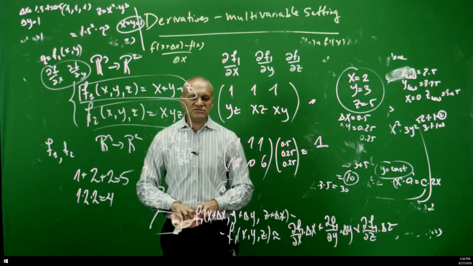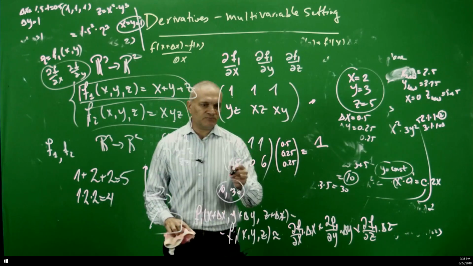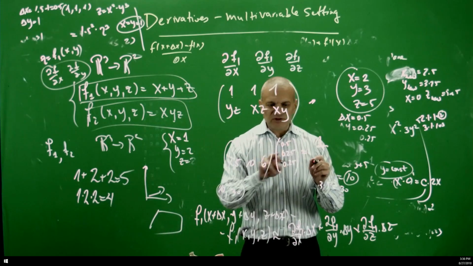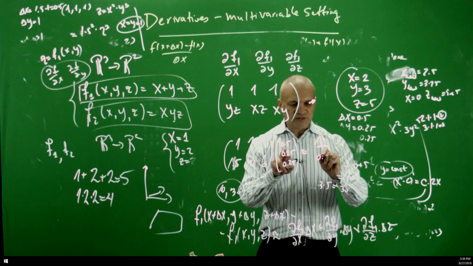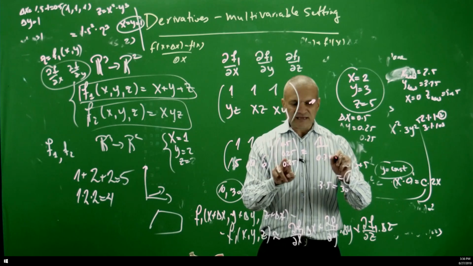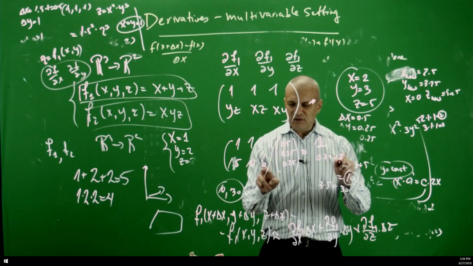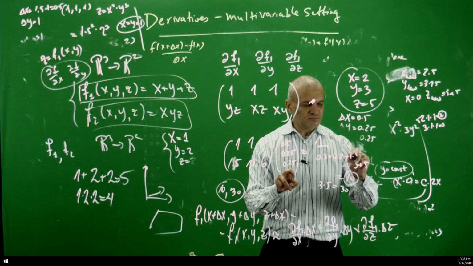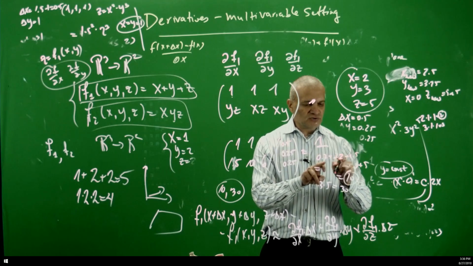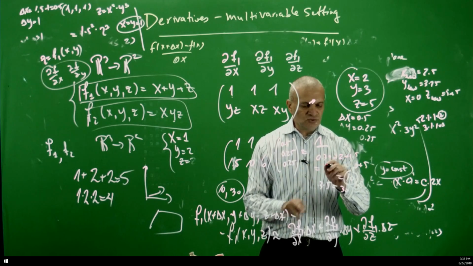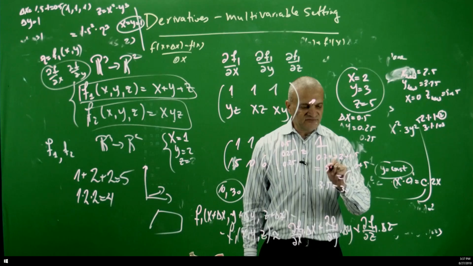Here, we said that the value is going to be 1.5. So we have 1.5 times 0.5, which is 0.75, plus 10 times 0.25, which is 2.5, plus 6 times 0.5, which is 3. So overall, you're going to get here 0.75 plus 2.5 plus 3, which is 4.25.